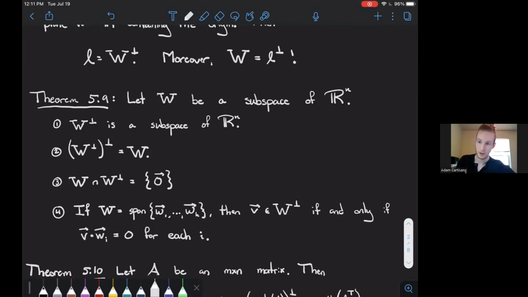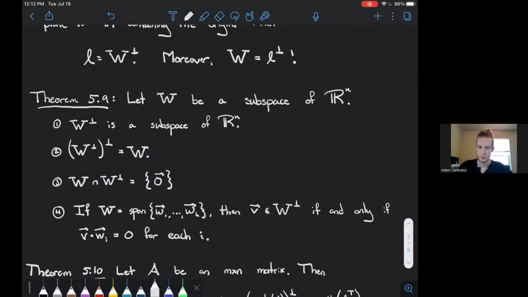So the 0 vector is the only one that does that. Notice this is not like the 0 vector or the empty set. No, they meet at 0, because 0 is orthogonal to everything. So the intersection of W and W perp is precisely 0 every time.